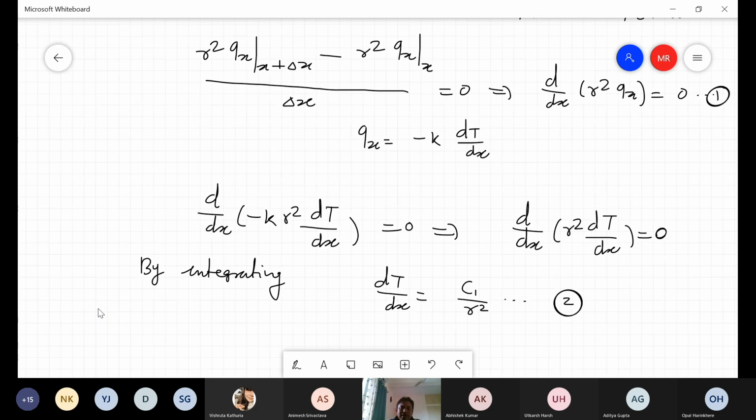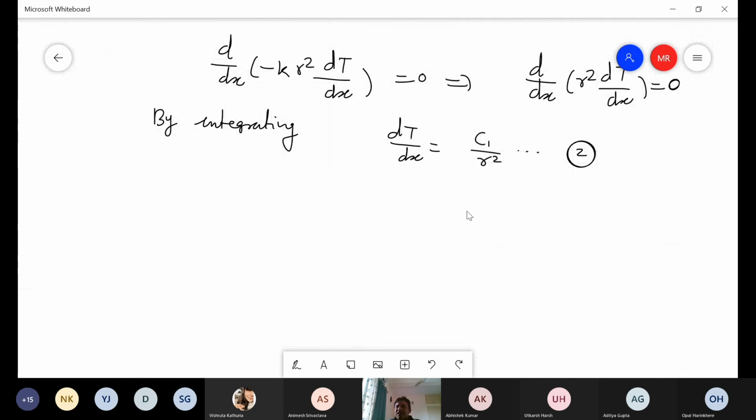Okay. So now, as I said, in this function I cannot go ahead with further integration because r is also a function of x, and that functional relationship I have to write. Then and only then can I integrate it further.